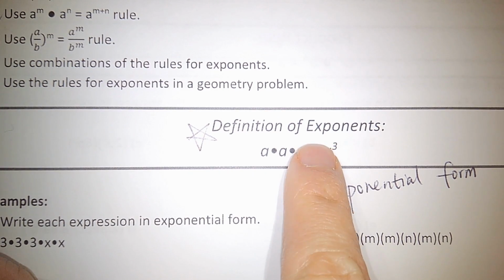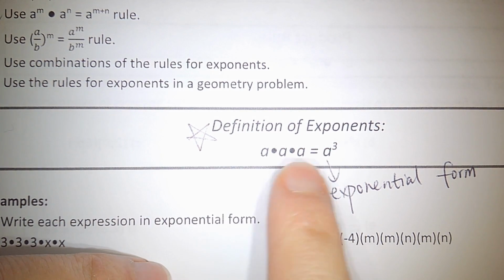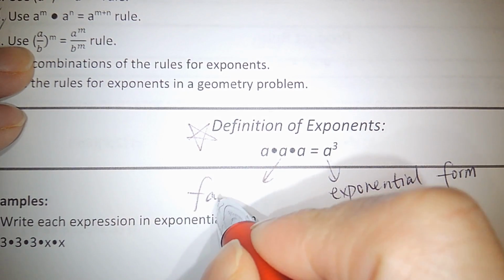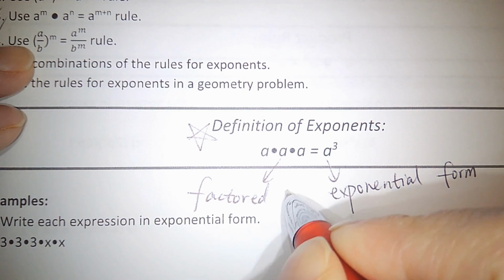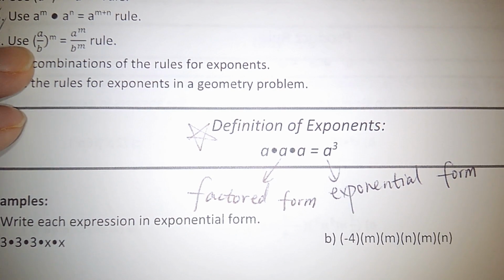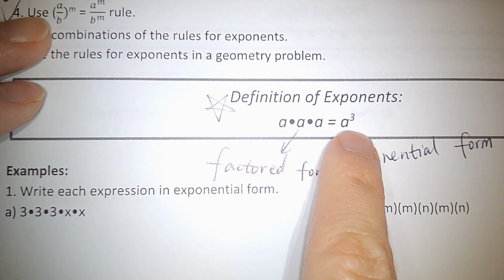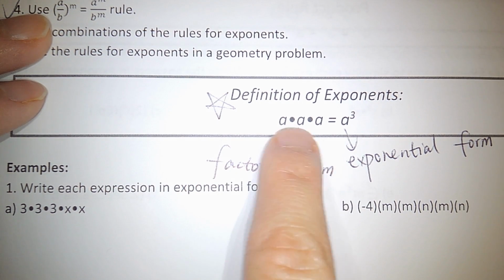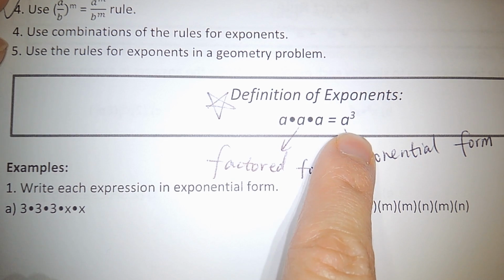And a times a times a, this is what? Factored form. So exponent is defined by this, and it has an exponential form and also a factored form.